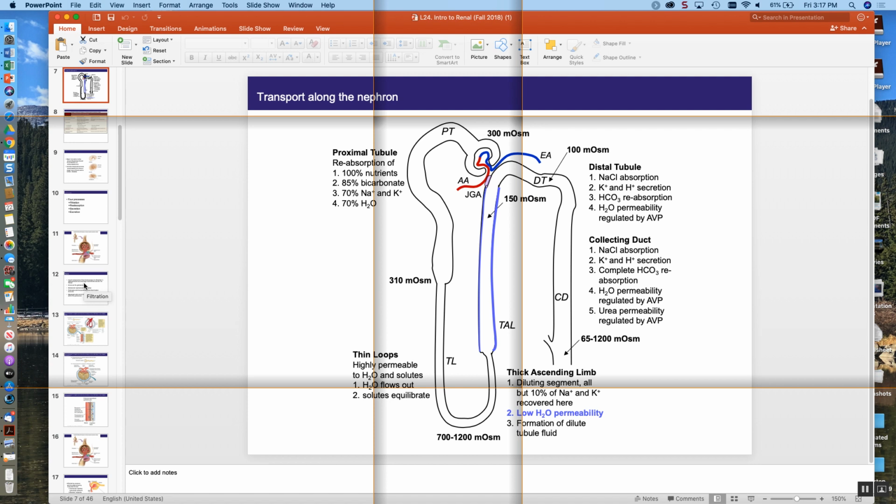So then the distal tubule and the collecting duct, there's a lot of similarity between the two. This is where sodium chloride continues to be reabsorbed, especially in the face of aldosterone, right? Aldosterone really enhances that sodium chloride reabsorption. Also in the distal tubule and in the collecting duct, potassium and proton secretion.